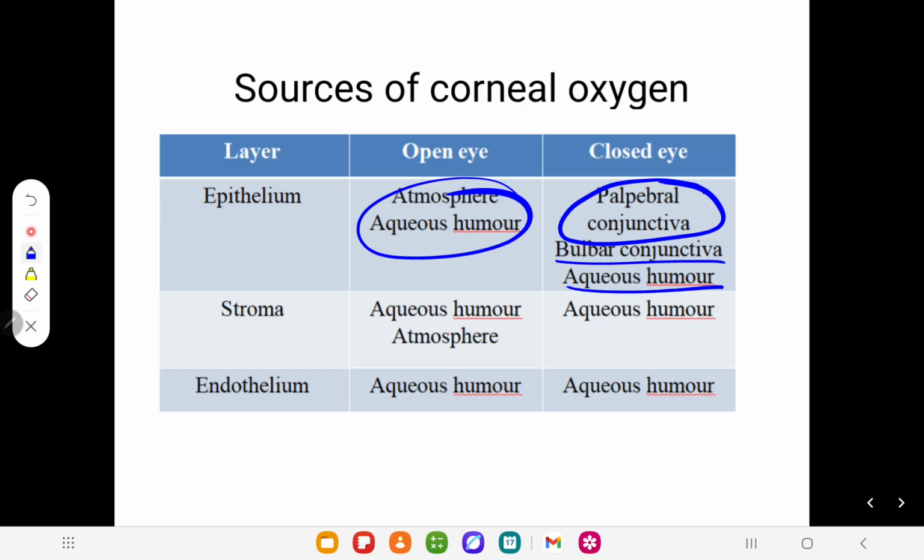For the stroma, half of the oxygen comes from aqueous humor and half from the atmosphere. So in the closed condition, there is definitely aqueous humor. Endothelium, whether closed or open, gets it from aqueous humor. Okay, it's very important, and a lot of times MCQs are asked from this particular slide.